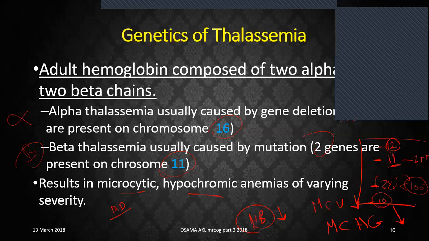We say that thalassemia is microcytic hypochromic. The differential diagnosis of microcytic hypochromic anemia: number 1, iron deficiency, which is the commonest one. Number 2, thalassemia. Number 3, sideroblastic anemia.